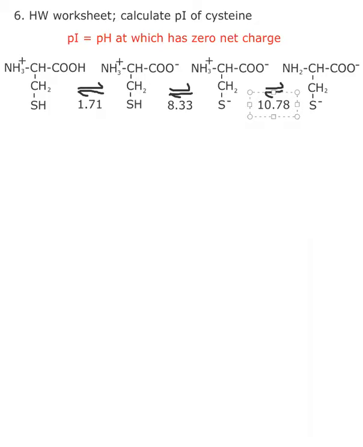So you have to get the charge on the structure right. The first one, because 1.71 is the pKa of the carboxylic group here, will be the first one to deprotonate.